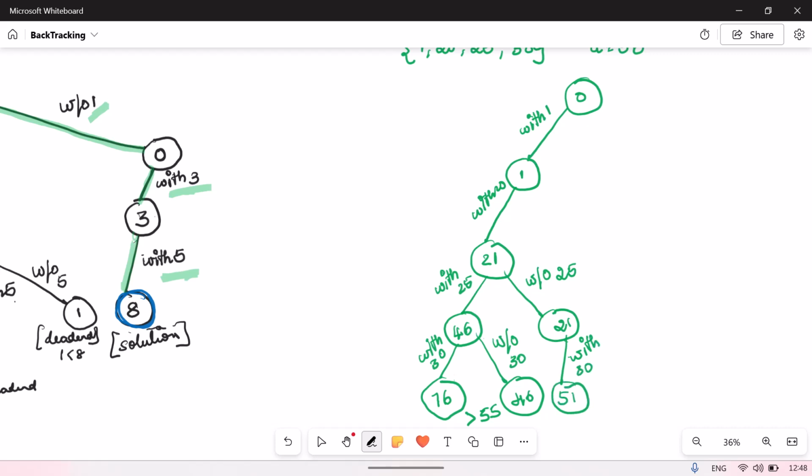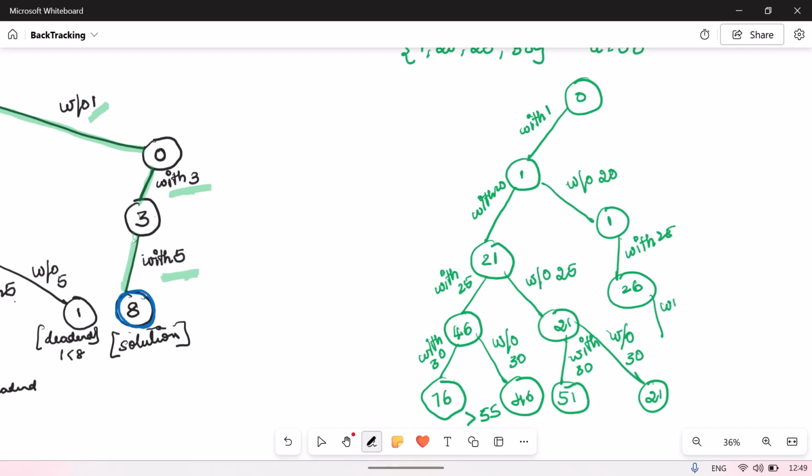51, not a solution. Without 30, it is going to be 21 itself. So backtrack, come back here. Without 20, not a solution. So 1 again with the 25, 20, with the 25, 26, with the 30, 56, not a solution.